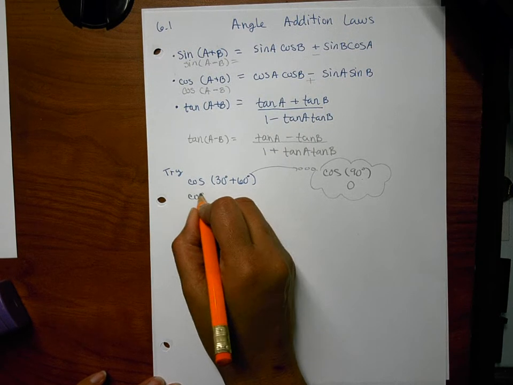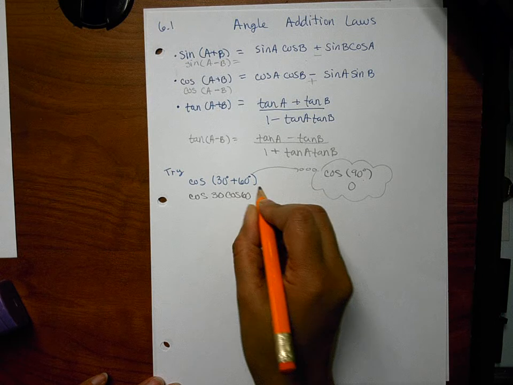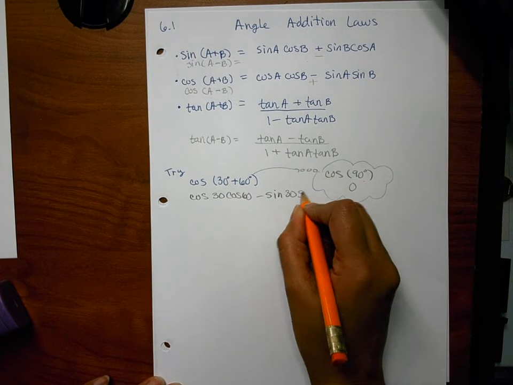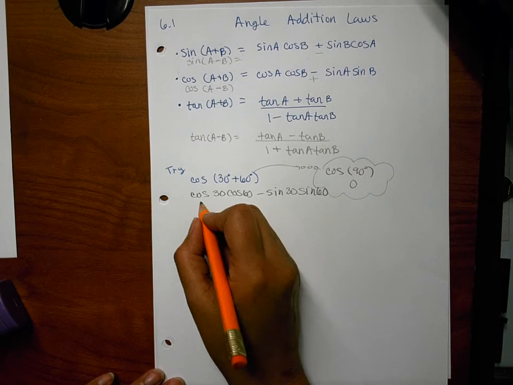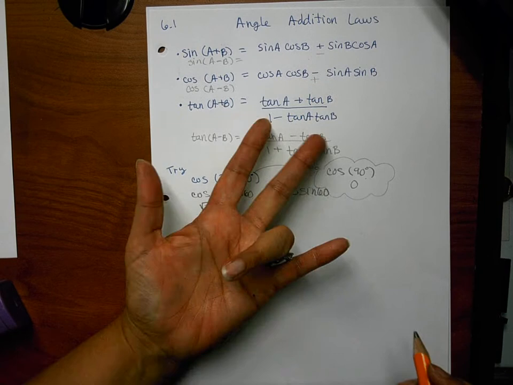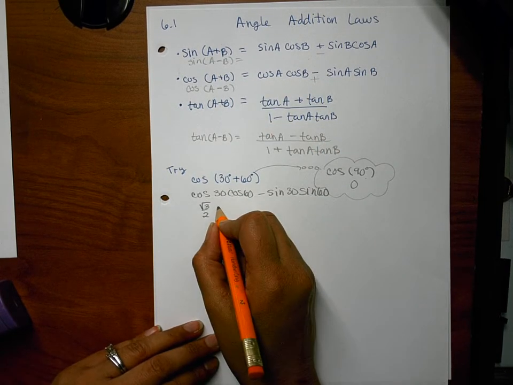Okay, it's addition, it's cosine, it's snobby and opposite signs. So it's going to be cosine of 30, cosine of 60, minus sine of 30, sine of 60. Cosine of 30 degrees is root 3 over 2. You either have it memorized, your unit circle, or your hand trick.